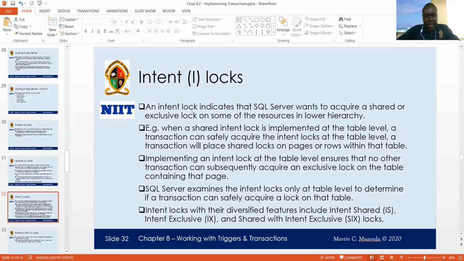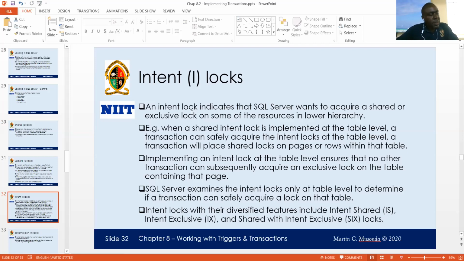SQL Server examines the intent locks only at the table level to determine if a transaction can safely acquire a lock on that table. Intent locks with their diversified features include the following: intent shared.